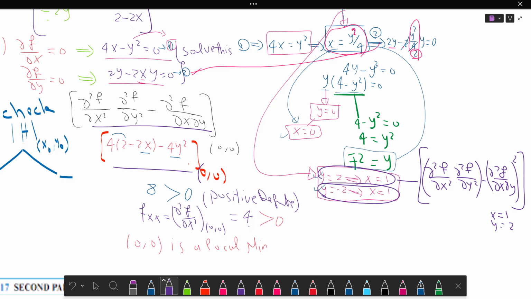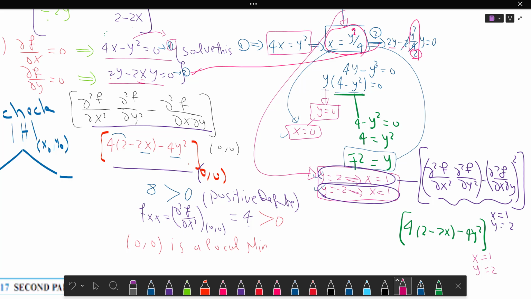I already have this value from my Hessian matrix, so no need to do it again. So 4, 2 minus 2x, minus 4y squared. I plug in x as 1 and y as 2.